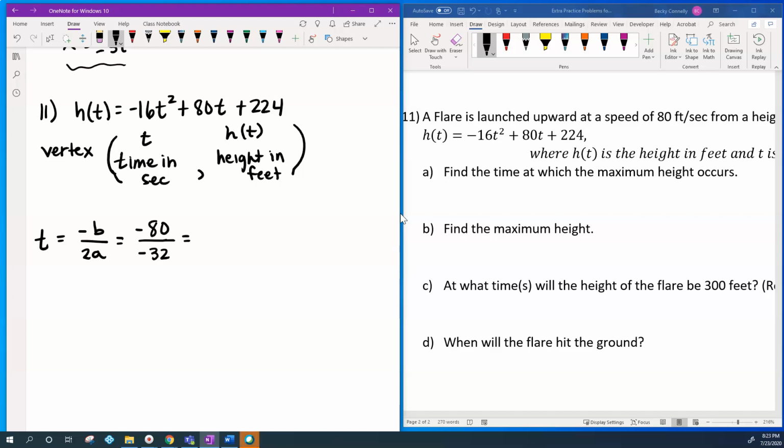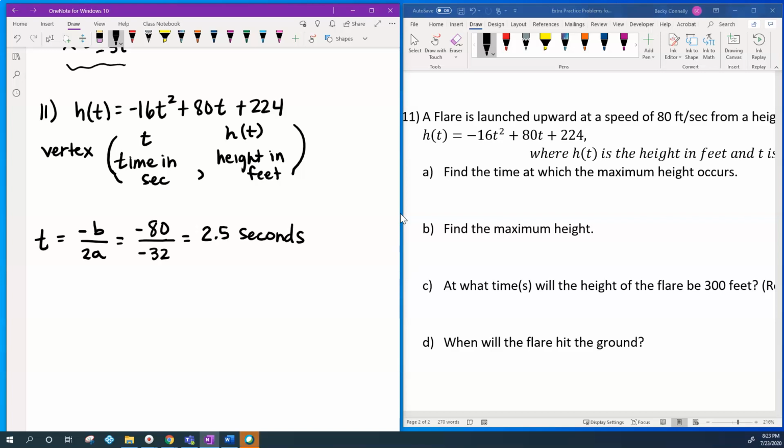I would say not to leave it as a fraction unless it asks you to, so I would just put it as 2.5 seconds, because remember my first coordinate is going to be seconds.